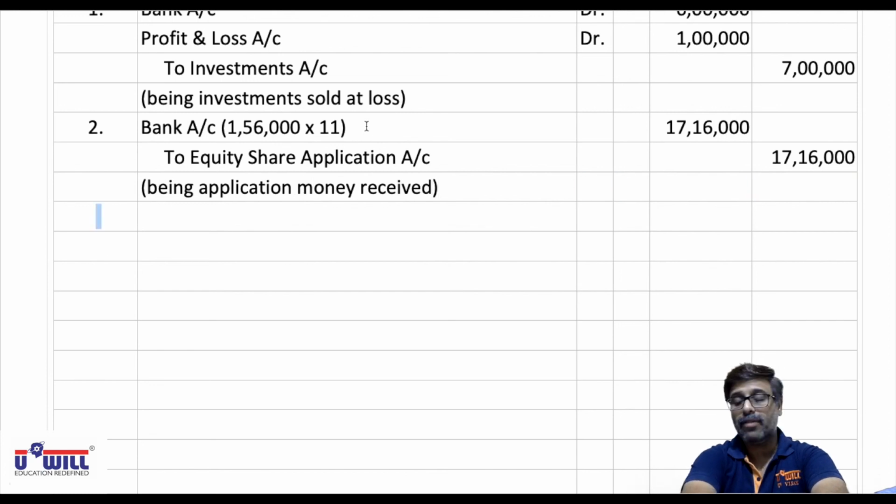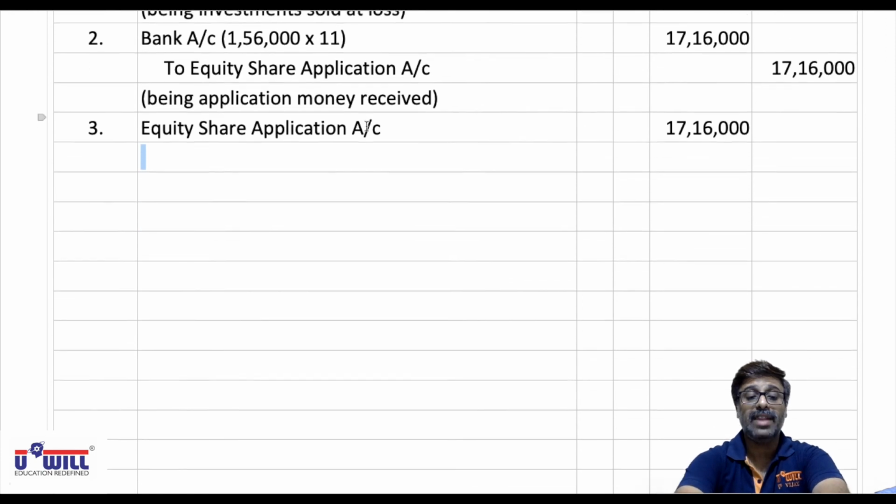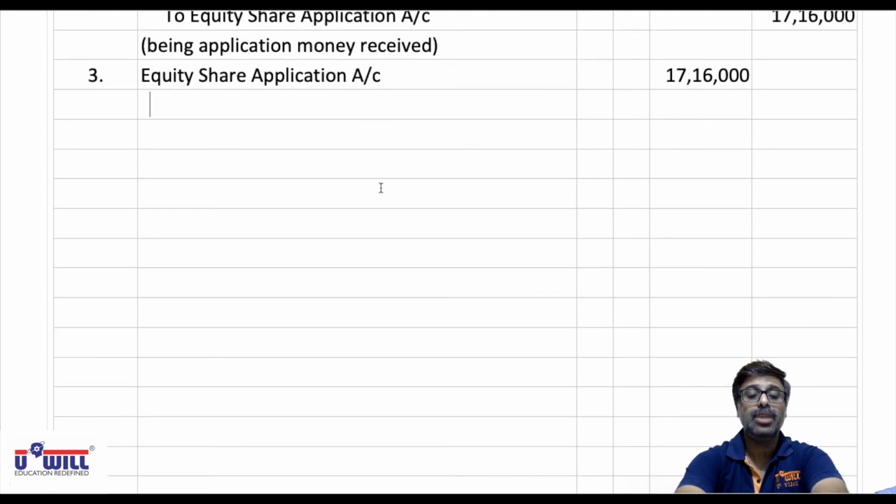Then third entry what we will pass is equity share application account. Just now what we credited, you will reverse and debit and close it with full amount 17,16,000. And then out of that to equity share capital account, what we will transfer is the amount towards the face value.